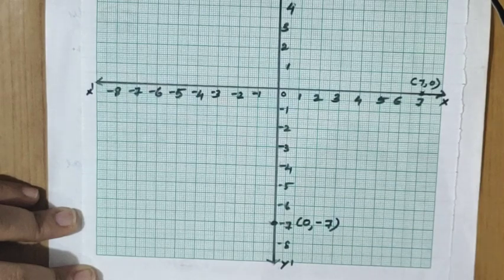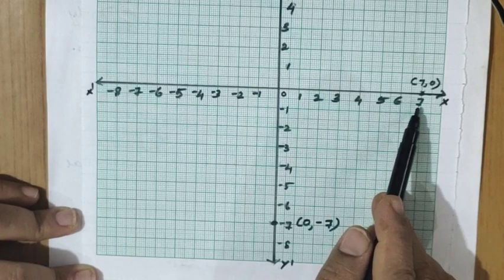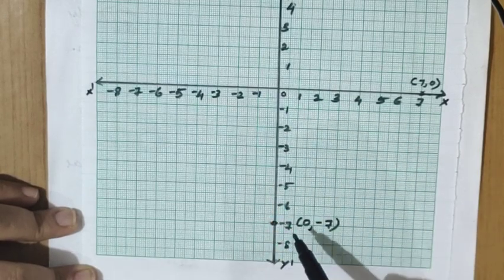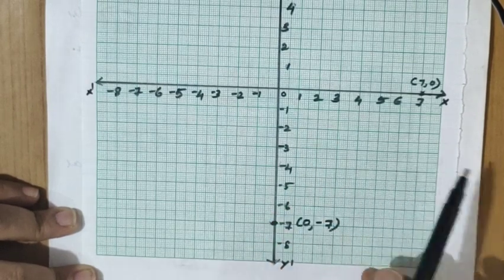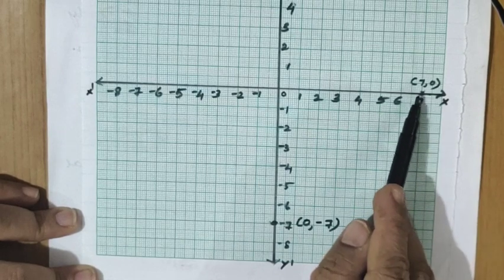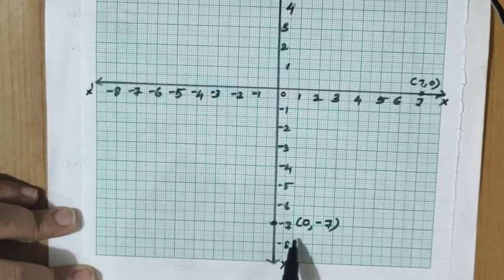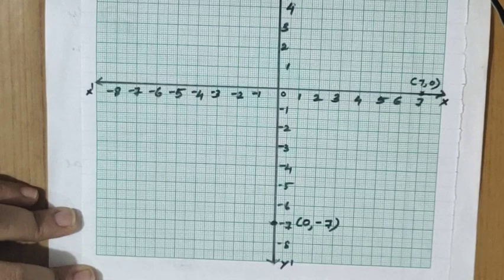That is the second part. If it is on the positive direction of the x-axis at a distance of 7 from the y-axis, the coordinate is 7, 0. If it is on the negative direction of the y-axis at a distance of 7 from the x-axis, the coordinate is 0, -7.